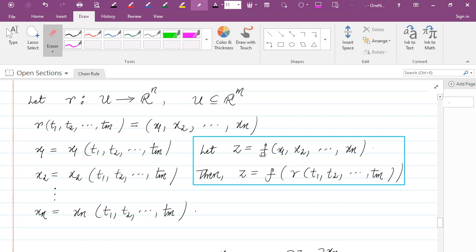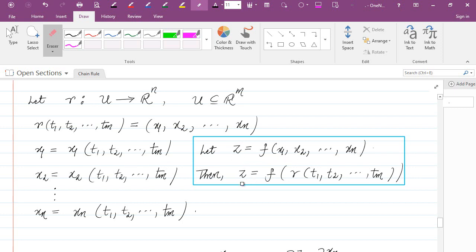Let's let z be a function f of the variables x1, x2, xn. z is a multivariable, real valued function of the variables x1 to xn.